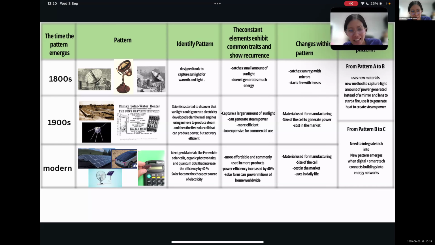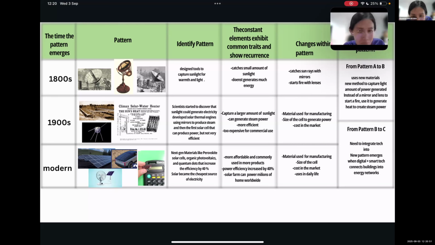My comment is a little bit regarding the change within the same pattern. You summarized in a concise way, but for this class, sometimes we want more explanation of each of it. That's my only comment here.